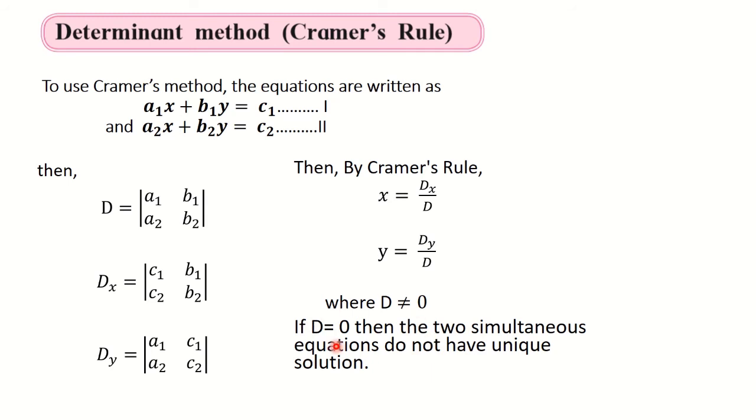You have to keep this in mind. This question can be asked in the exam: if D is 0, then what is the correct option? The correct option is that the simultaneous equations do not have a unique solution. If D is any number other than 0, then you can have a unique solution. So this is Cramer's method.